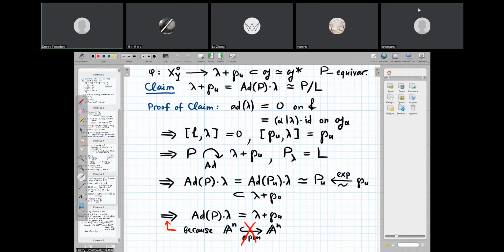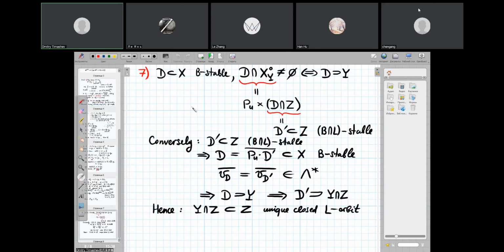But it is already easy because we already discussed the structure of B stable and B intersect with L stable divisors. So we get that the cone corresponding to this closed orbit in Z is spanned by all these vectors VD prime bar corresponding to D prime bar in Z, which are B intersect with L stable.